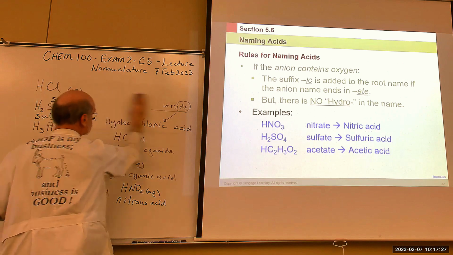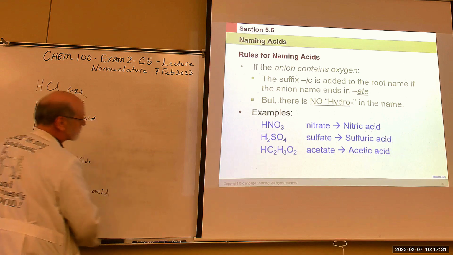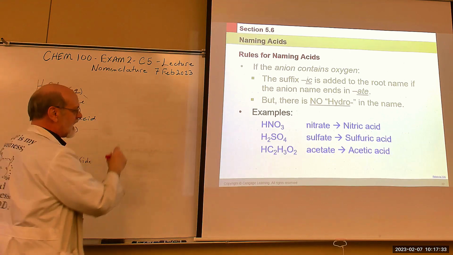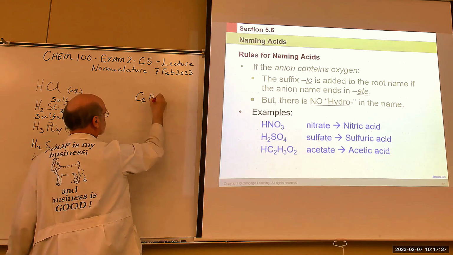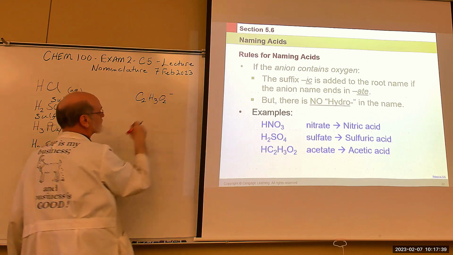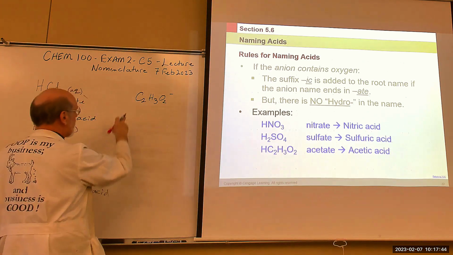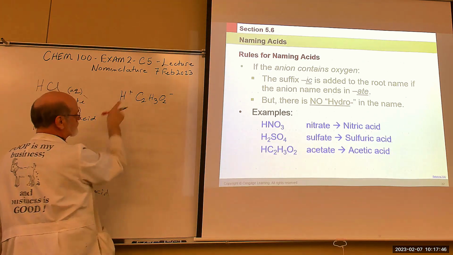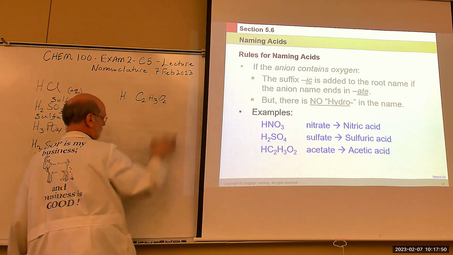Let's remove these, make room. If we make an acid out of the acetate, C2H3O2 is a minus. That's the acetate polyatomic ion. If we add a hydrogen to it, right? Now the molecule is neutral.